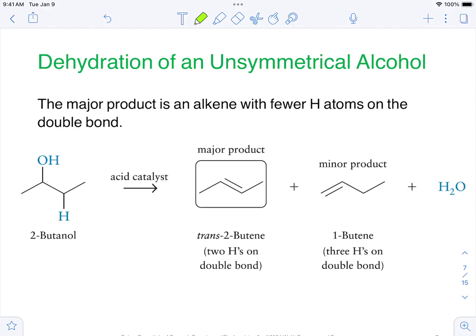Okay, again here on the left-hand side, we have our alcohol. Here are our adjacent carbons with our OH and our H. We're going to take them off and form our water. And those carbons that we circled, we are getting our double bond there, which is right here.